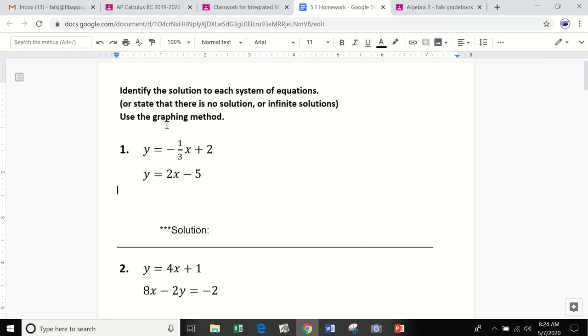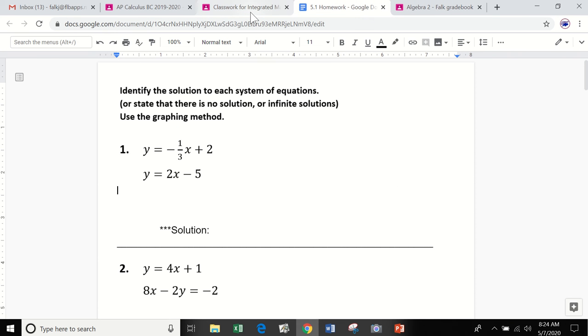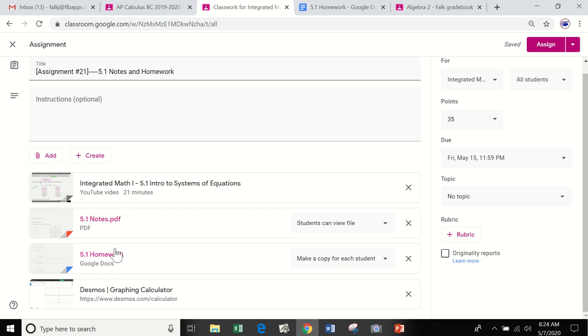Use the graphing method. So you're going to open up the Desmos graphing calculator. You could Google it or just click on this attachment I have here.